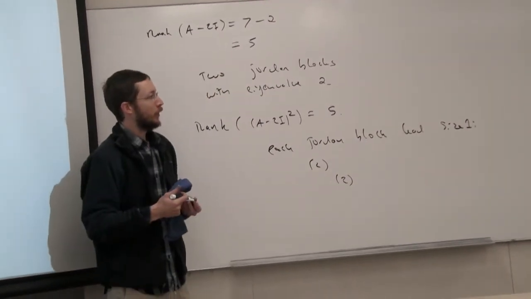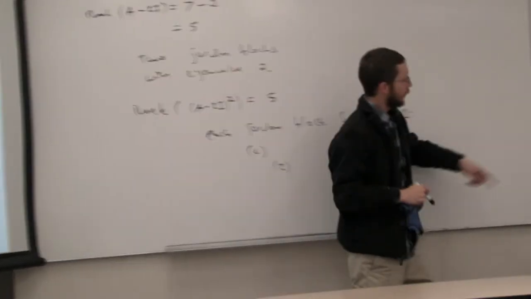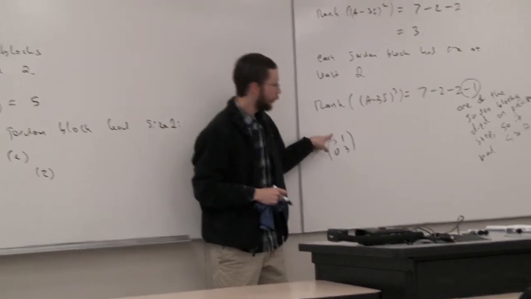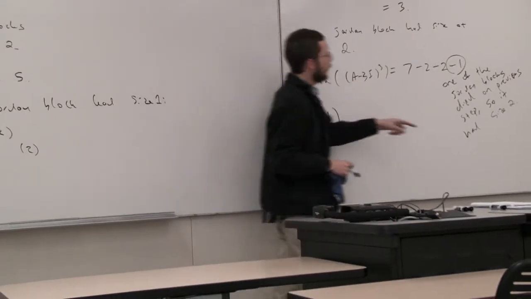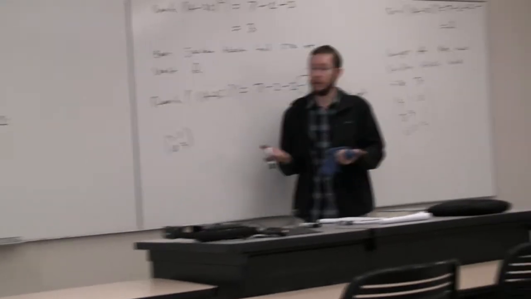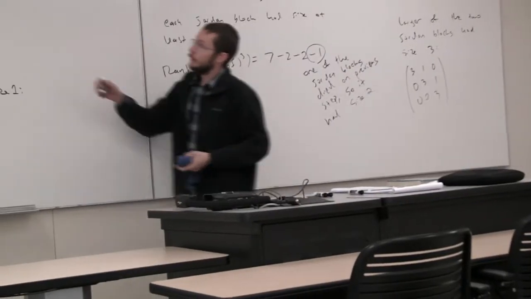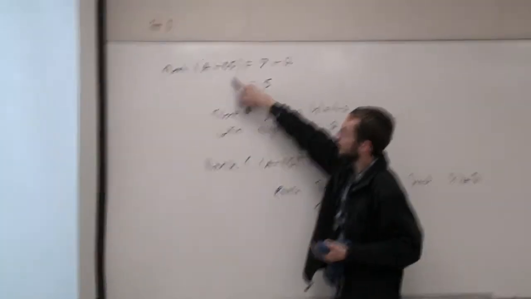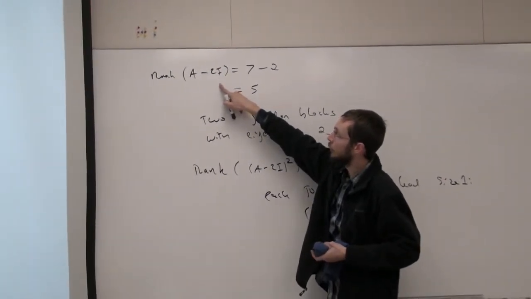And we could have determined that already, in the sense that we've accounted for 2 dimensions in this Jordan block, 3 dimensions in that Jordan block, for a total of 5. And from this calculation here, we already see that we have 2 Jordan blocks with eigenvalue 2.